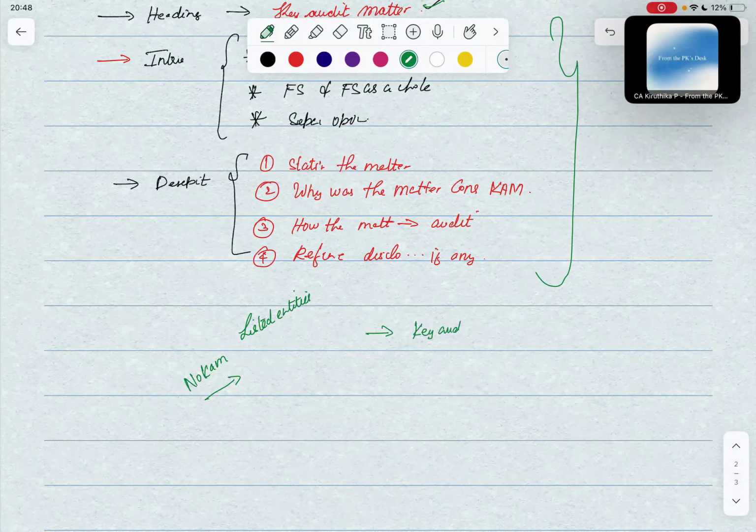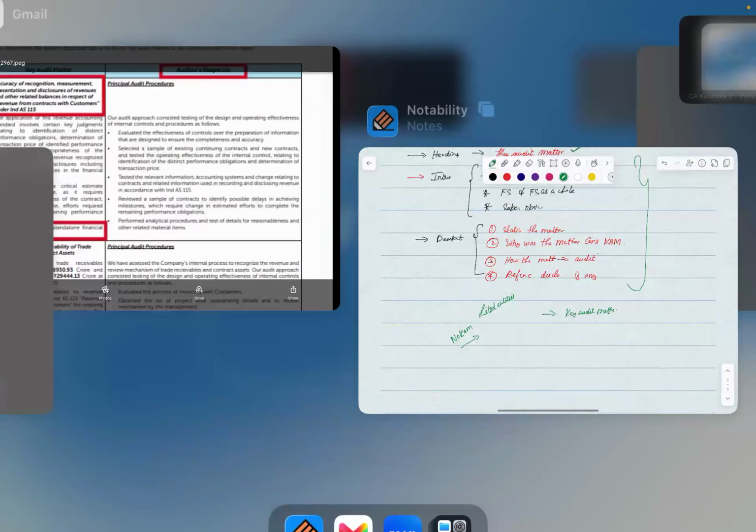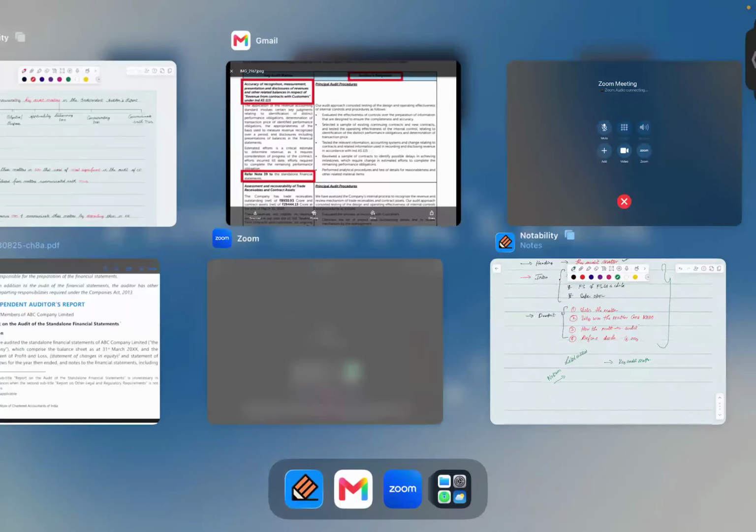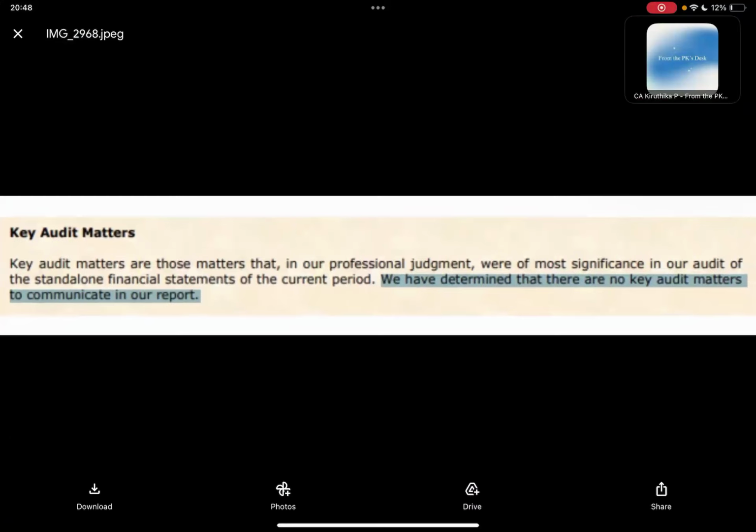And he must also say that we haven't identified any. Let me just show you how the same will look. See here: key audit matters are those matters that, in our professional judgment, were of most significance in the audit of the FS. We have determined that there are no key audit matters to communicate in our report. Because if we do not include this, the users of FS, let's say someone well versed in the content of the audit report, will have this question: why is the key audit matter not included?